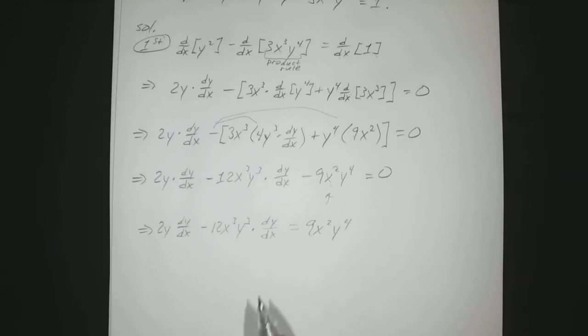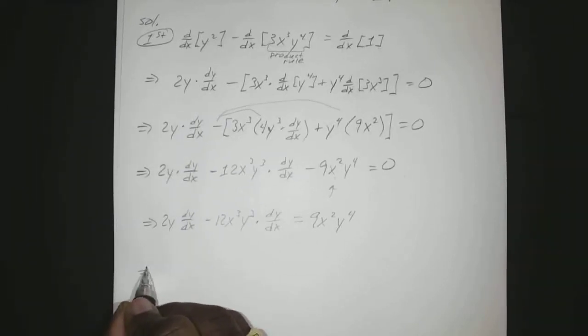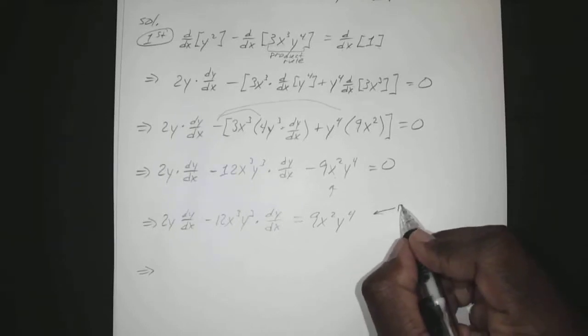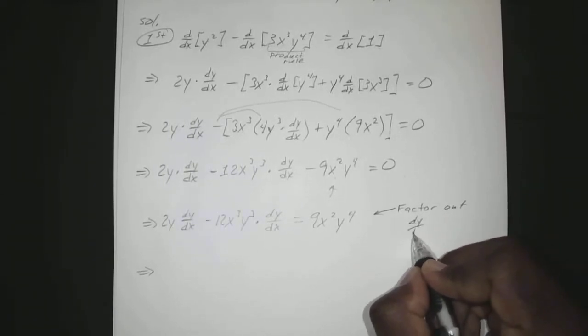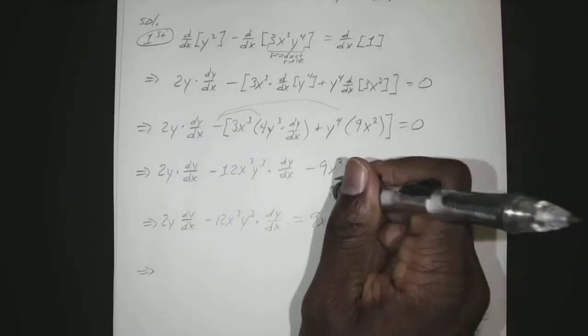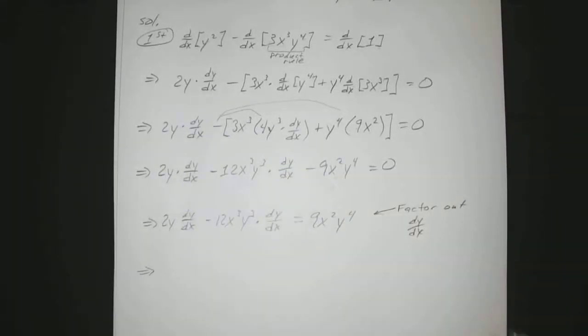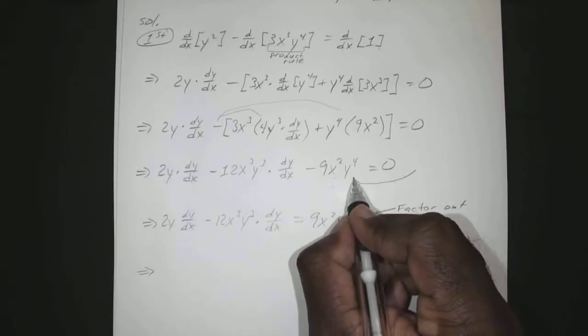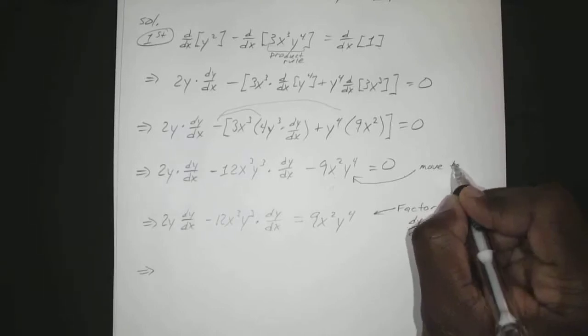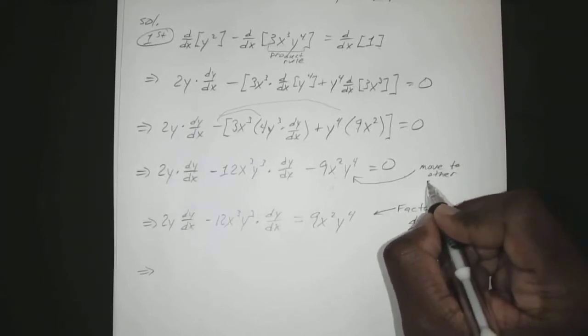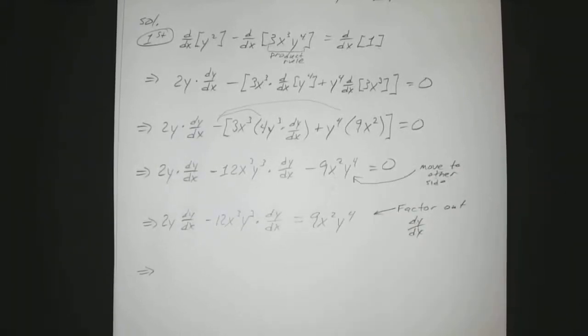All right. Now, once we have just the dy/dx terms on one side, just like we did before, we're just going to factor it out. And this one, make a little side note. So this particular term, we just move to the other side.